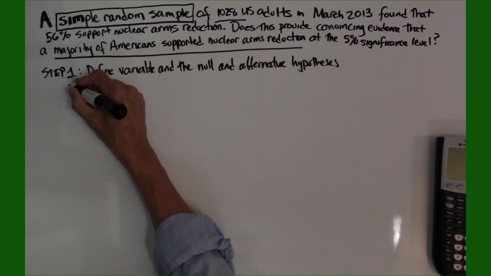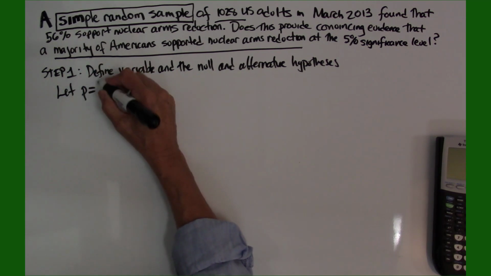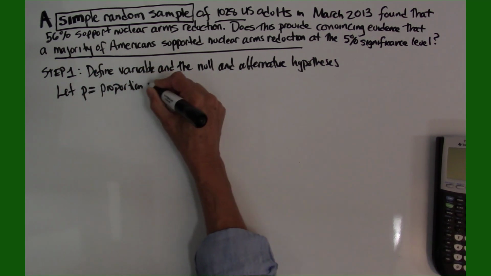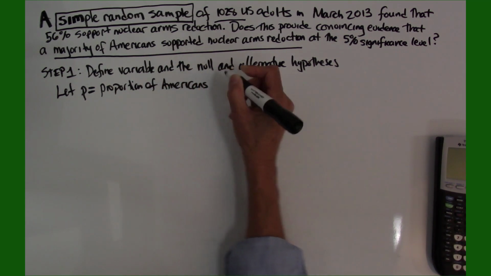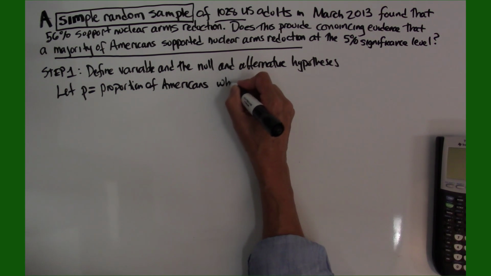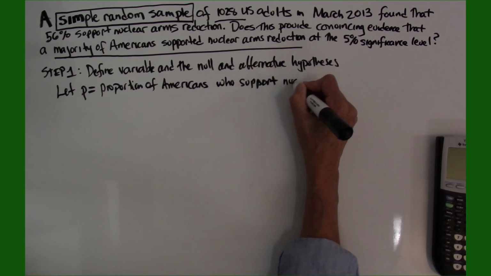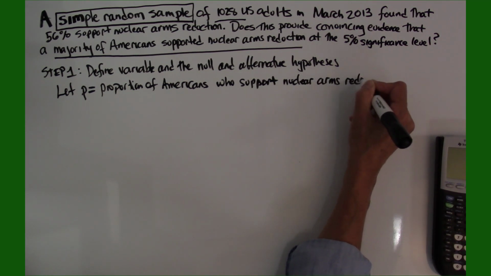So our variable p, we can let p equal the proportion of Americans who support nuclear arms reduction.